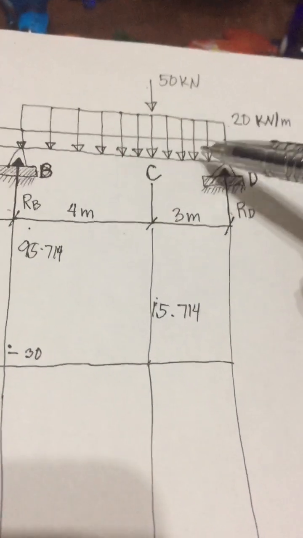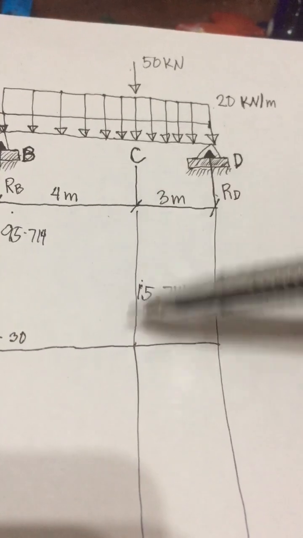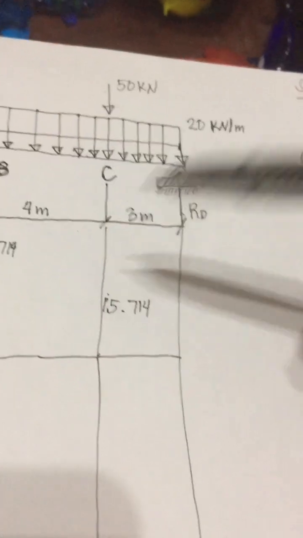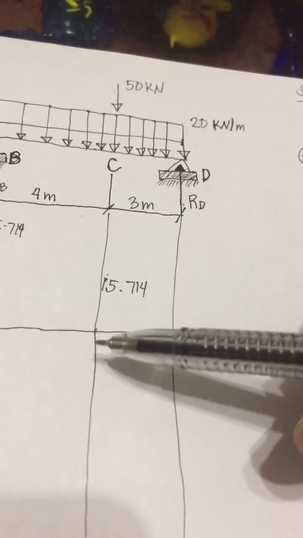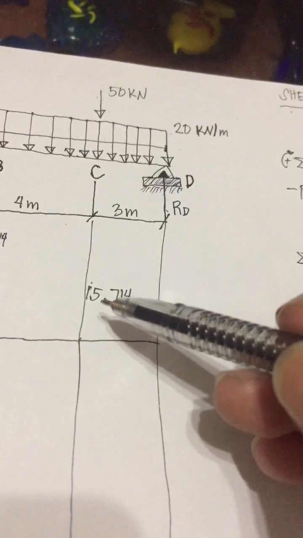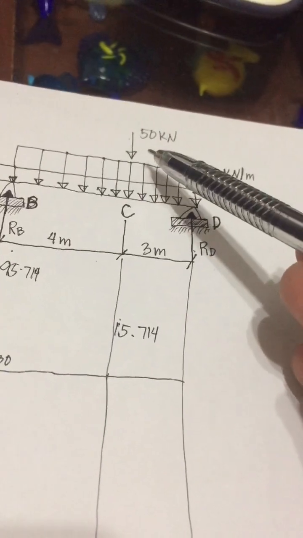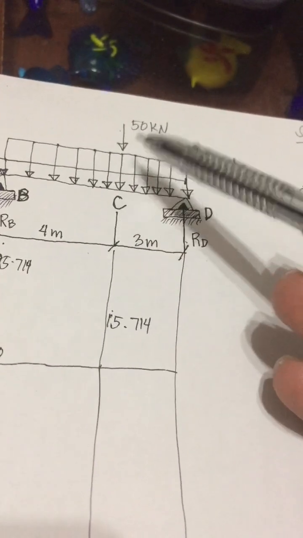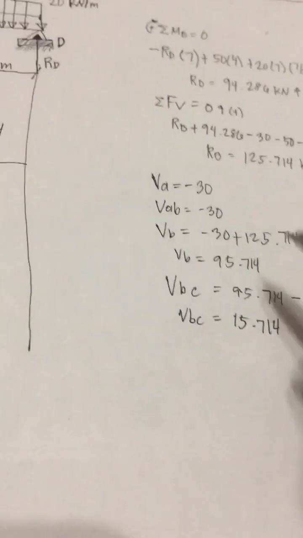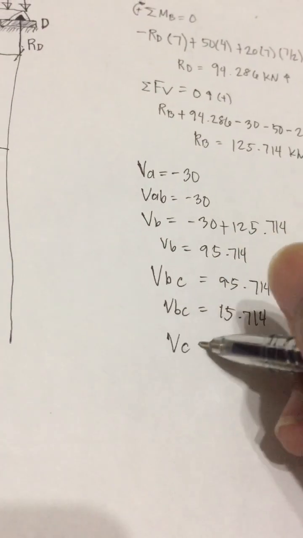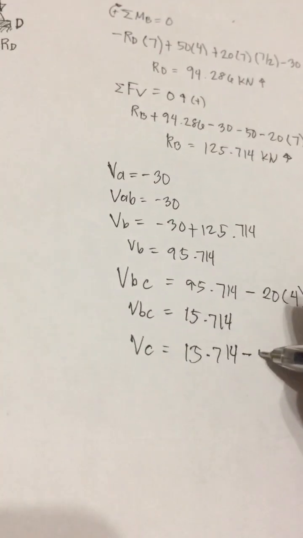After that, we get the shear load at C, on the line along C. Since we have 15.714 from B to C, and then a compressive load going downward with a force of 50 kilonewton, we can write the equation as VC equals 15.714 minus 50.